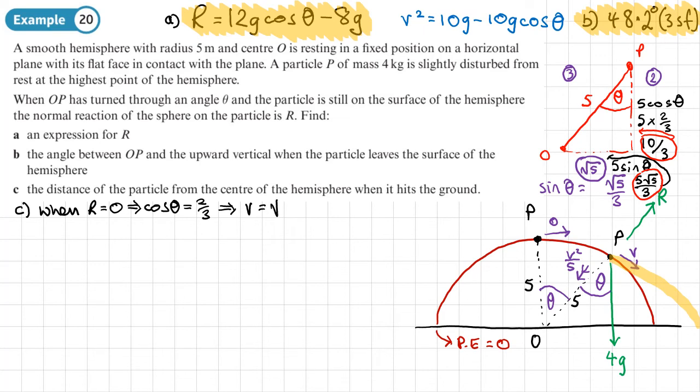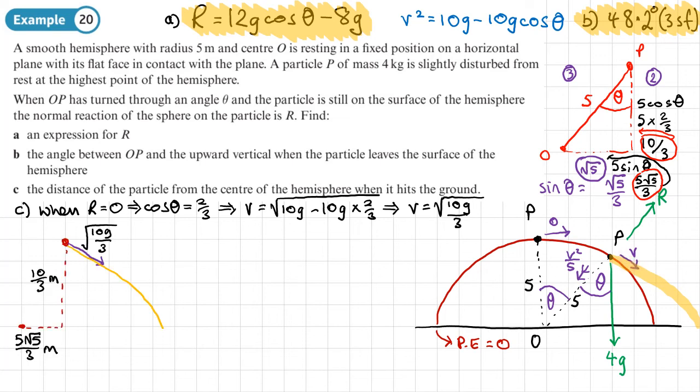So that's going to be 10g minus 10g times cos theta, which is 2/3. So it's the square root of all of that. So v will equal the square root of 10g over 3. So that will be our initial velocity or speed at this point.